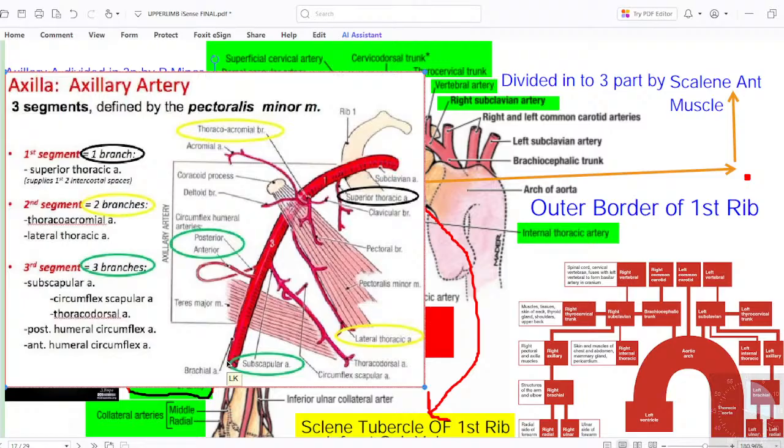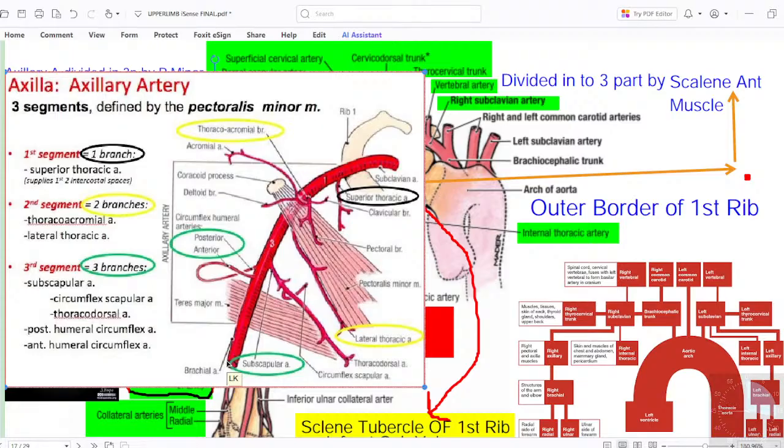The axillary artery then, at the level of the pectoralis minor muscle, becomes the brachial artery.